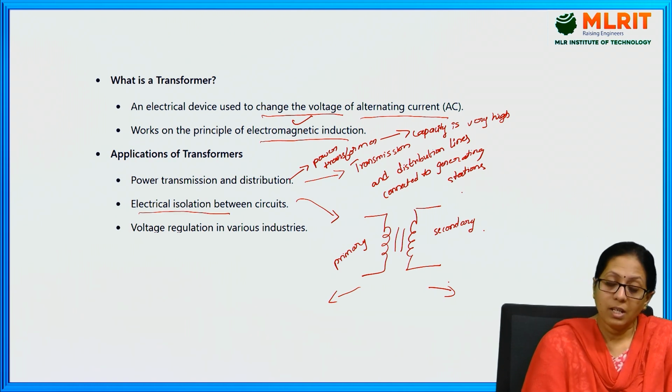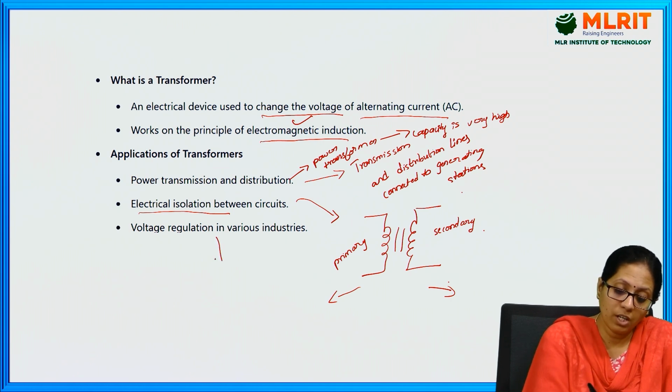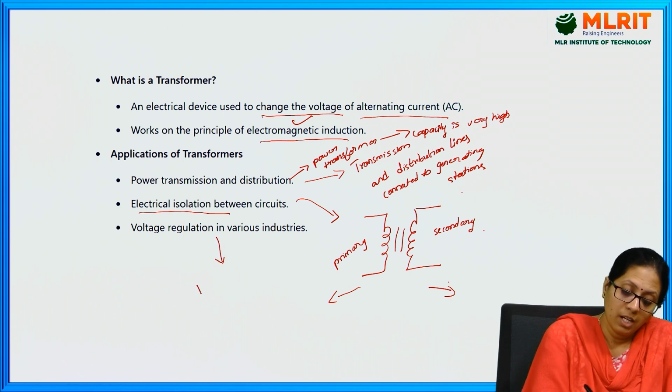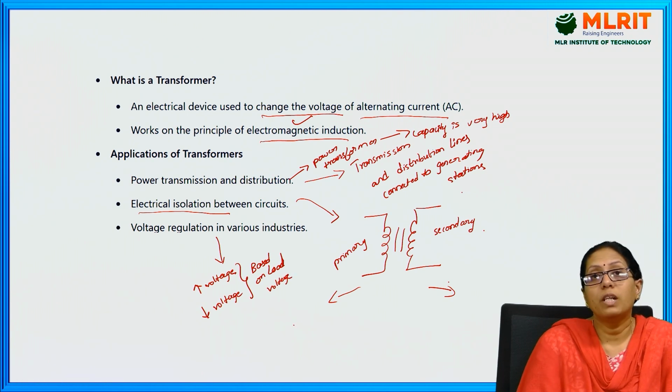The next one is voltage regulation in various industries. Voltage regulation means you can increase the voltage or reduce the voltage based on the load. So, based on the load voltage, we can increase or decrease the voltage.